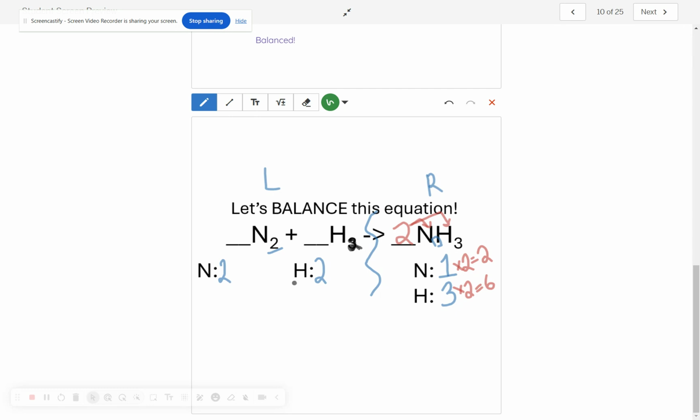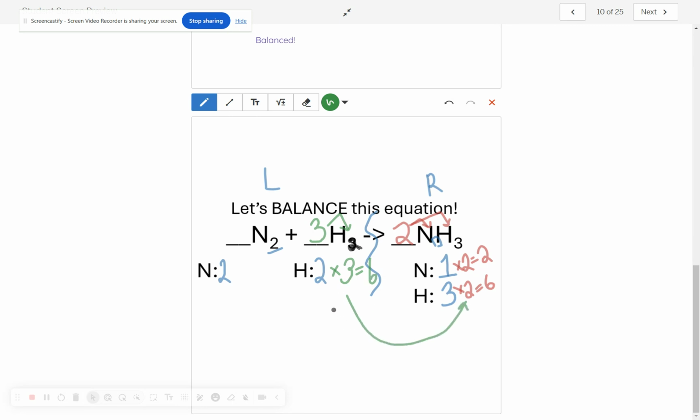So let's go ahead and look at this hydrogen. I have 2 here and 6 on the right. So I'm going to multiply my 2 times 3 to make it equal 6. So 2 times 3. And then don't forget, we need to document that 3. There it is. And because H2 is by itself, there's a big arrow in the way, it just touches the H2. So that means I have 6. So now let's take a look.